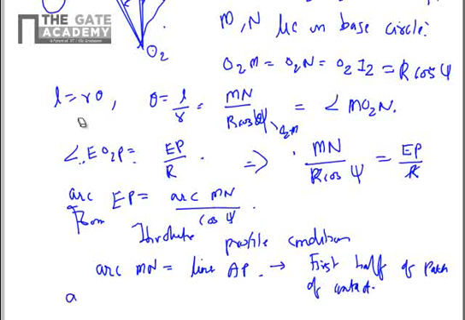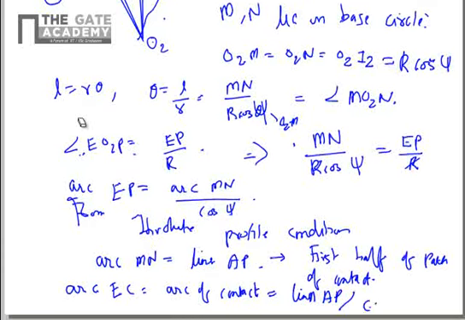So thus the arc EP, which is the arc of contact, is equal to line AP divided by cos xi.